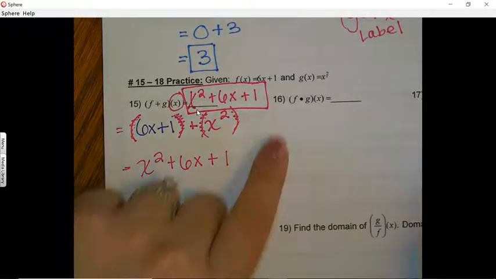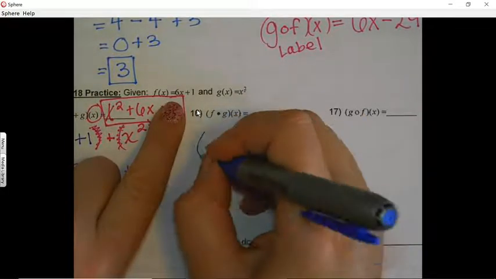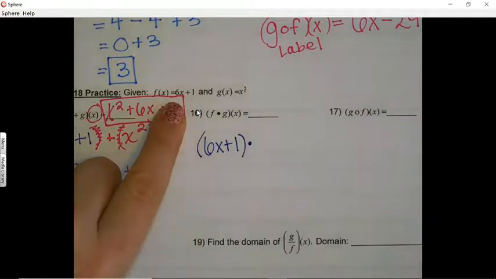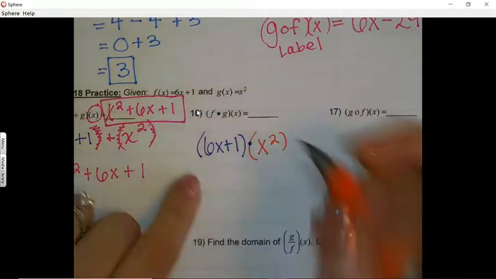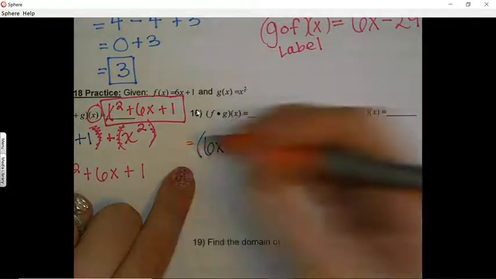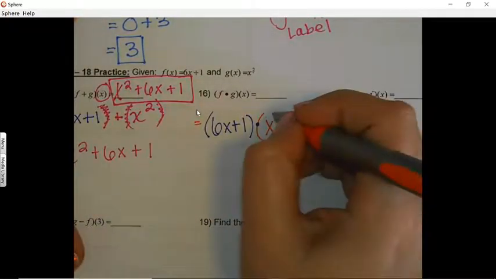Let's take a look at number 16. Number 16 is saying take function f, which is 6x plus 1, and multiply by function g. We could put two parentheses next to each other. That represents multiplication. So here we're multiplying, and that's how I know to distribute.